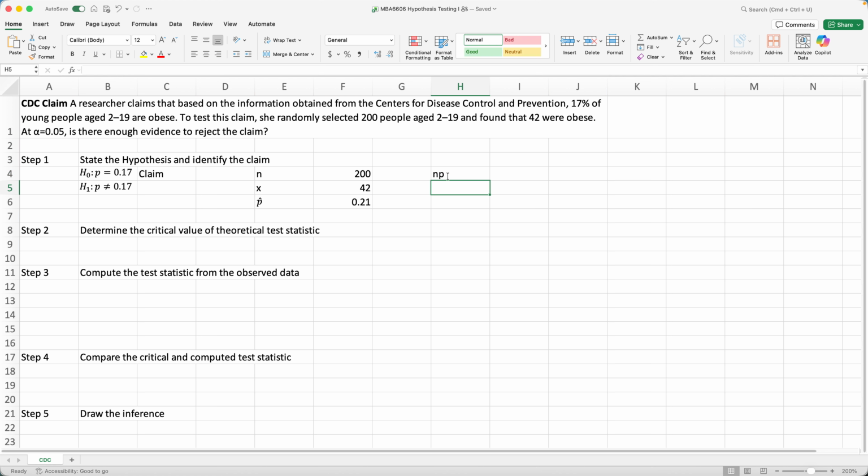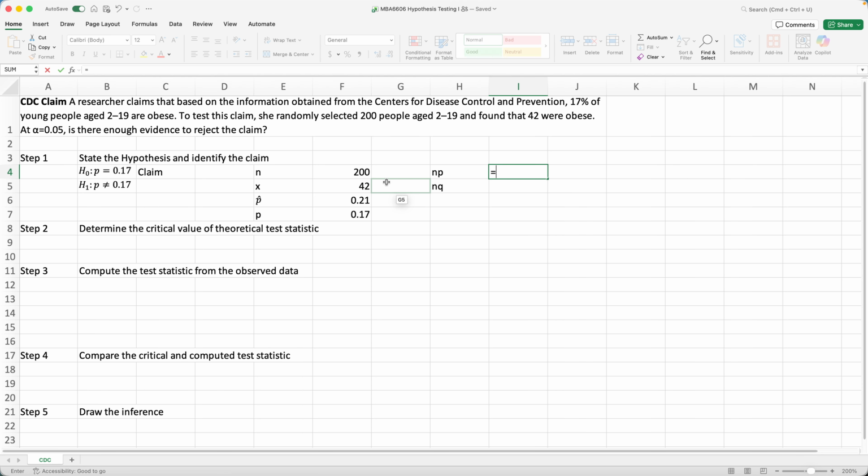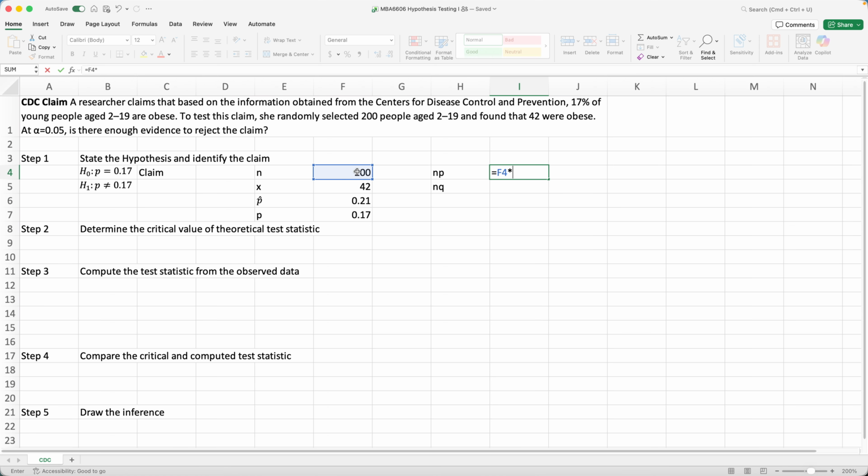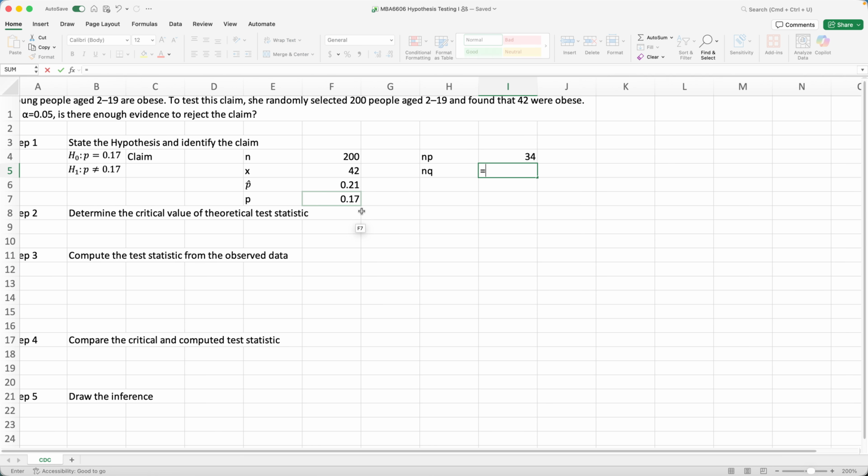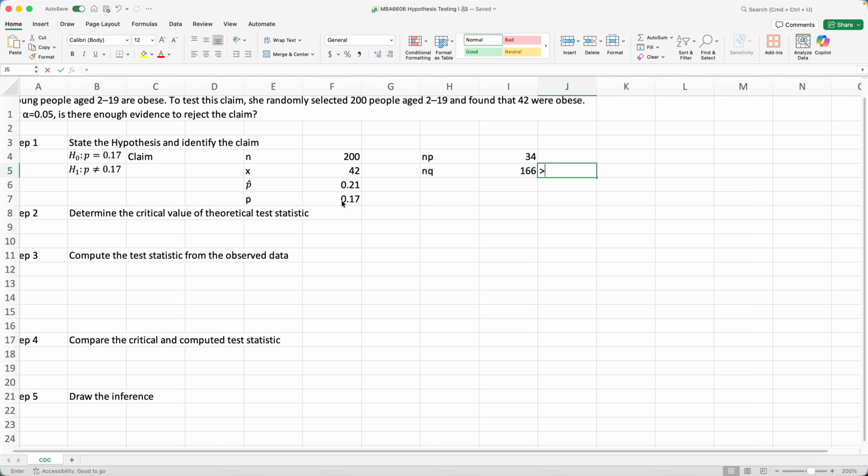So NP, NQ, the P is 0.17 and Q is of course 1 minus P. NP is N times 0.17 and NQ will be N times 1 minus P. So both of them are greater than or equal to 5.